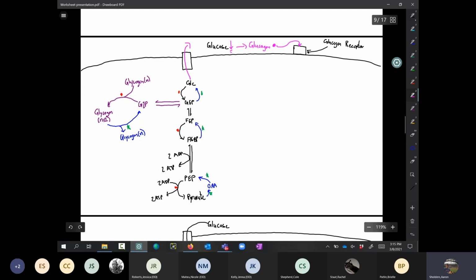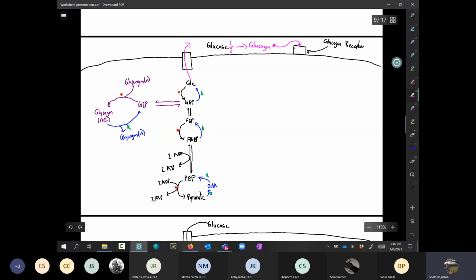I'm not going to draw all this out, but that's going to lead to the G protein changing conformations in the alpha subunit. It will exchange GDP for GTP. That alpha subunit will let go of the G protein, traverse the membrane, and find adenylyl cyclase, which will make cyclic AMP.